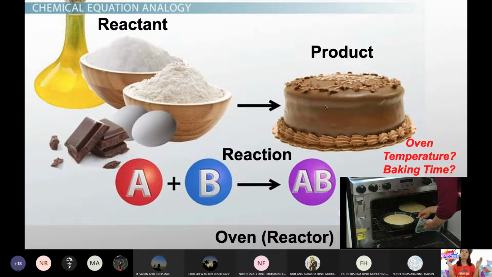Sebab if the heat is not distributed evenly, this will happen. So imagine in the design of the oven, dia dah consider lah bagaimana haba ini will be evenly distributed to ensure the cake is cooked evenly. Okay, even the height of the oven is also a consideration when they are designing this oven or designing the reactor.